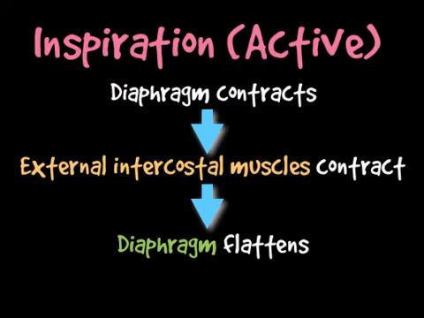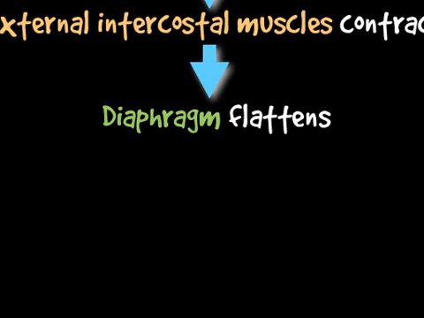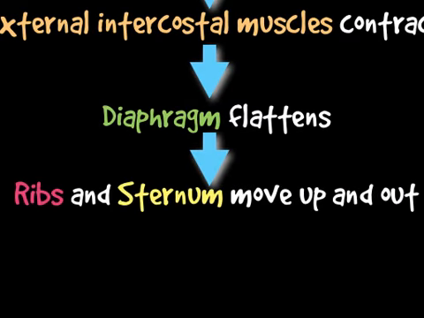The start of the inspiration cycle officially is at this point. The diaphragm starts to flatten out and starts to move downwards, and this is then followed by your ribs and your sternum, which is your whole chest cavity. It moves up and outwards as the air in the lungs starts to expand.